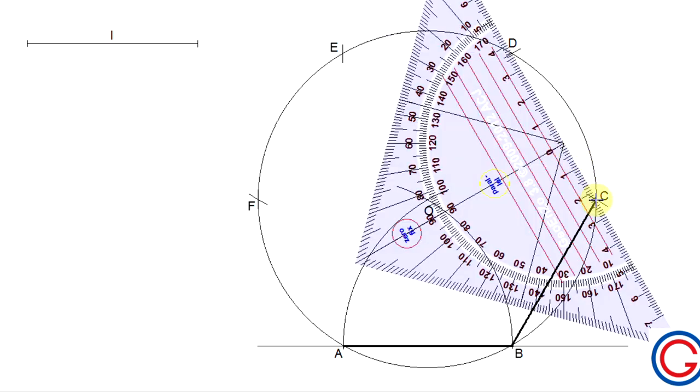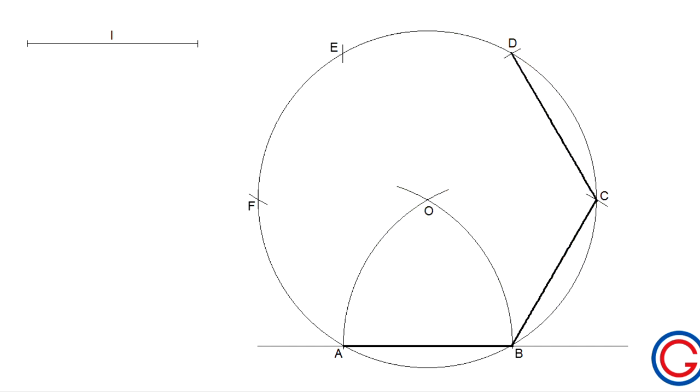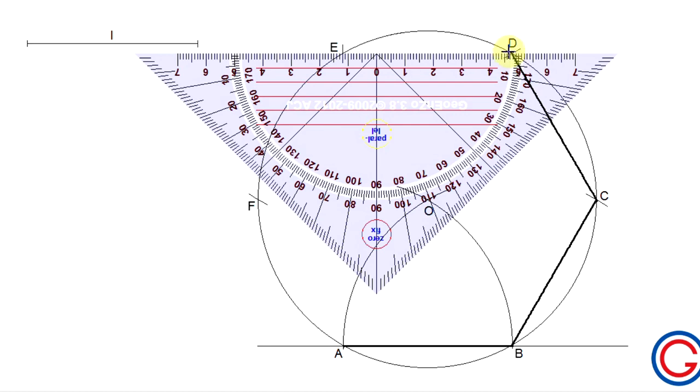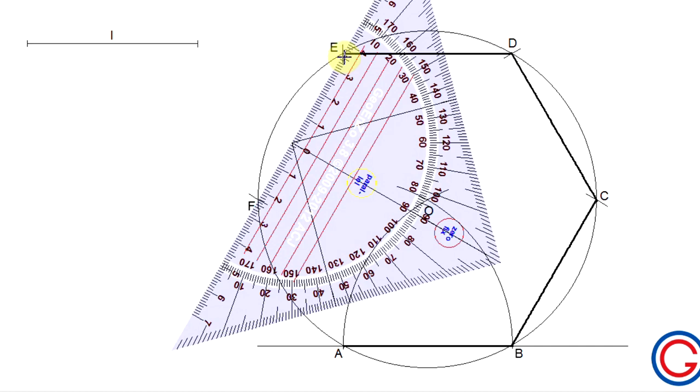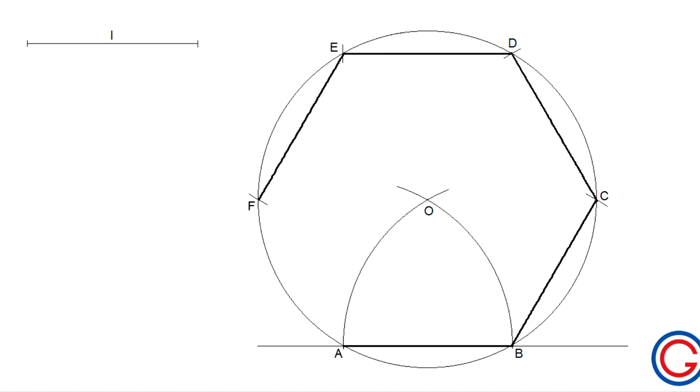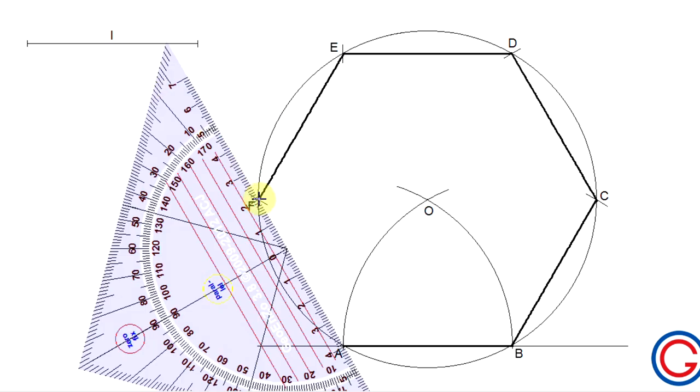So A to B, B to C, C to D, now D to E, vertex E to F, and finally we can close our hexagon, joining vertex F back to A. Here we have the hexagon that we are looking for.